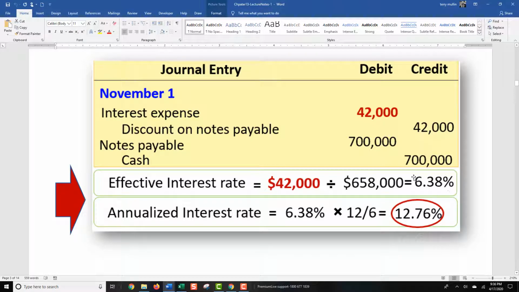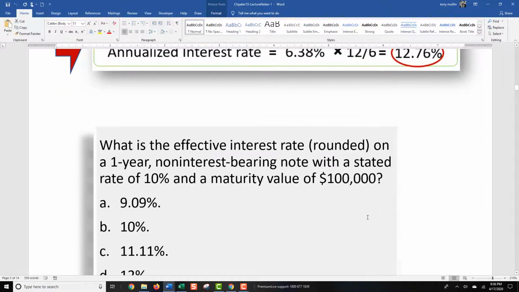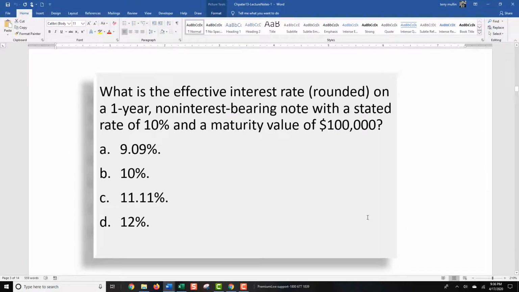But that's for 6 months. So you would have to multiply that times 2 to get the annual interest rate. That makes sense? So then you get a little question here asking you that.